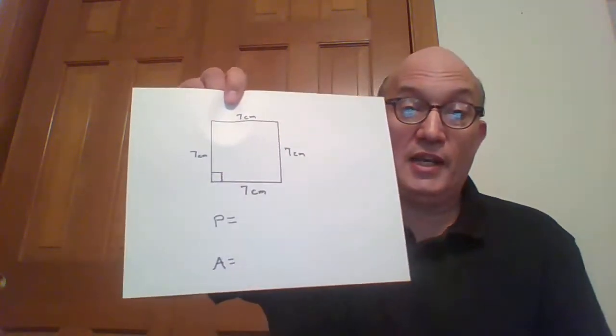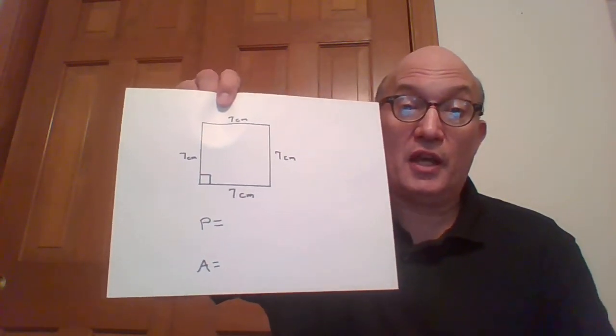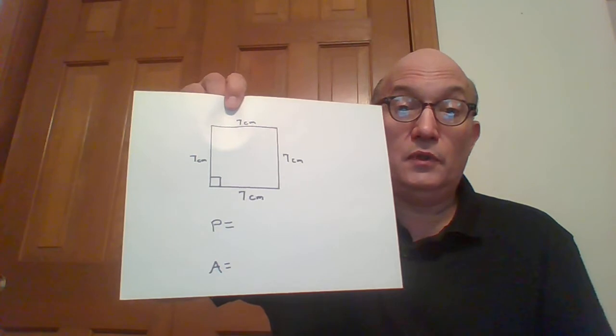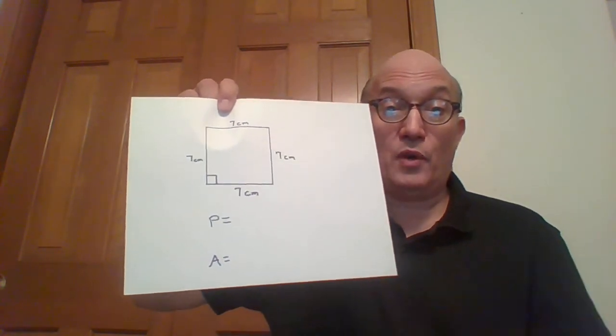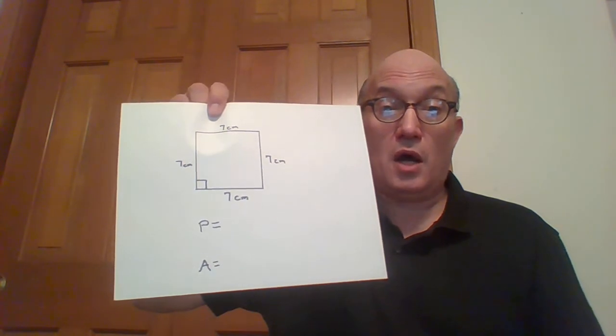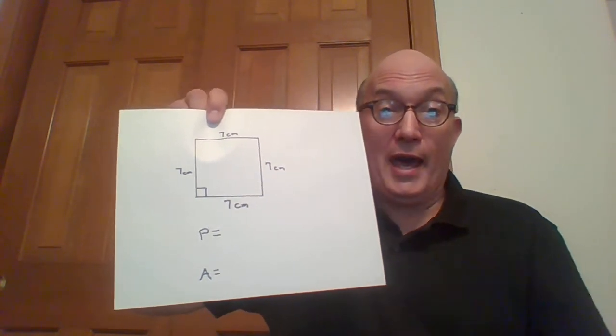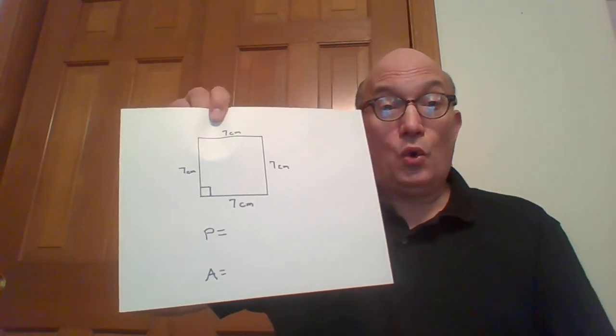Now let's look at a specific square, one which has each side being 7 centimeters. Well, you should be able to tell me pretty quickly what both the perimeter and area are for this square. Add up the 4 sides, or use the formula.